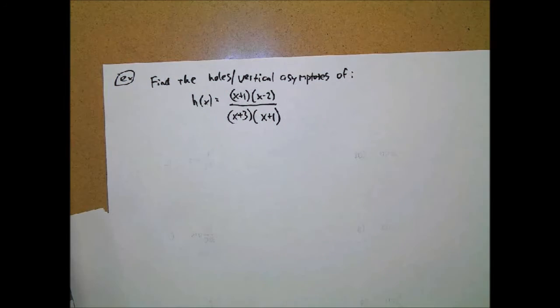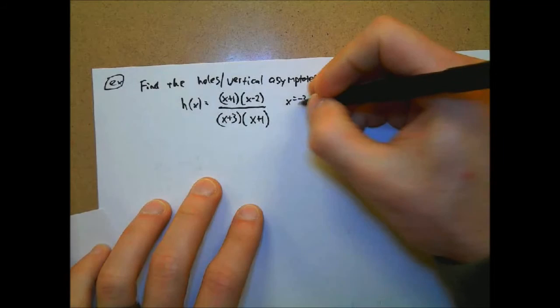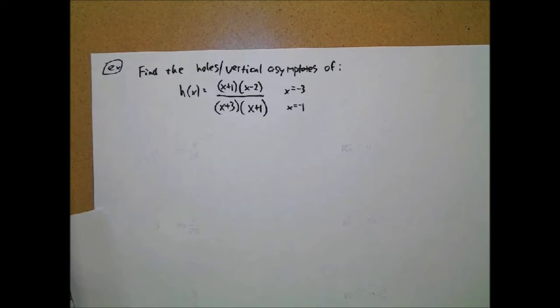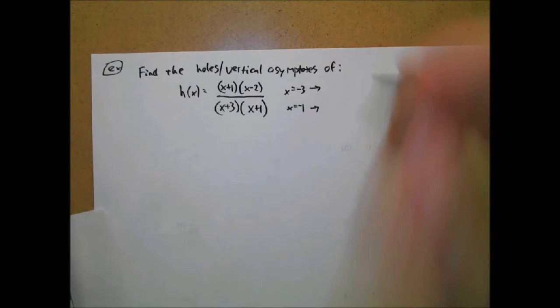So again, what x values here are going to give us problems? What are the x values that we would take out of our domain? Negative 3 and negative 1. Both of those are going to give us problems in our domain, because we're going to divide by 0 in both cases. But which one of these is going to be a hole? The negative 1. Why?